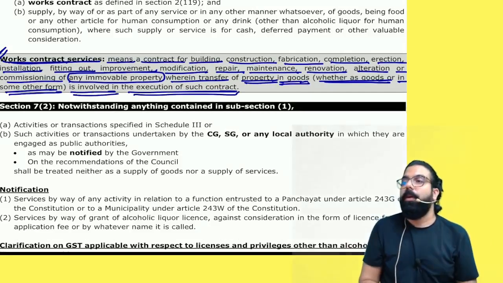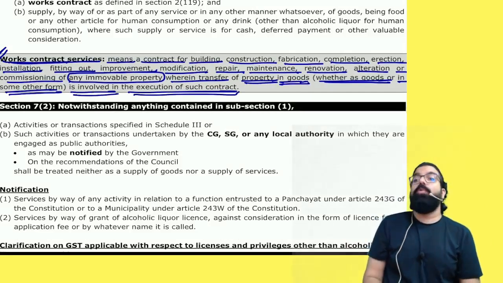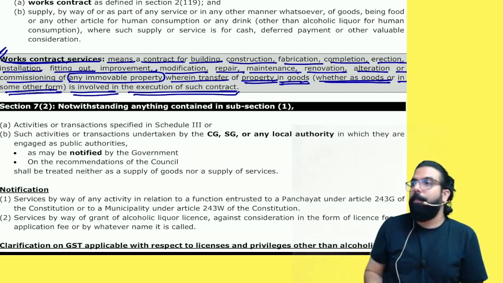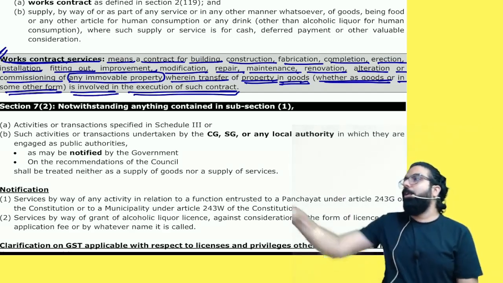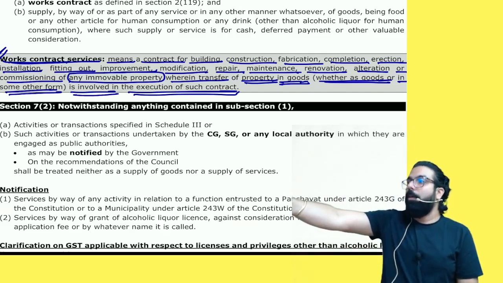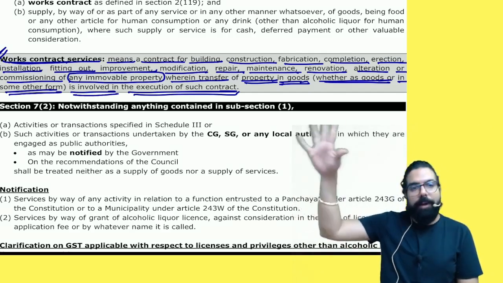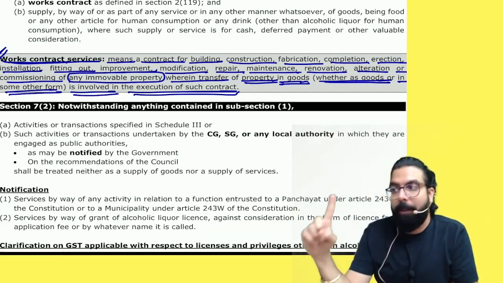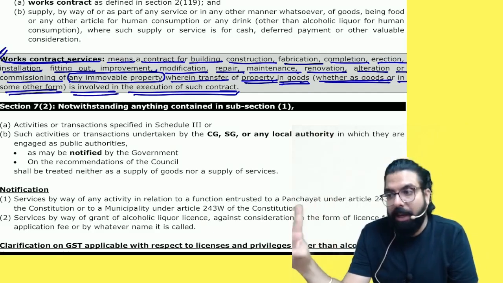Everyone listen. What is works contract? Contract for construction. Suppose I told Pranath, can you make this building for me? I told him, you give me the material and you give me the labor.